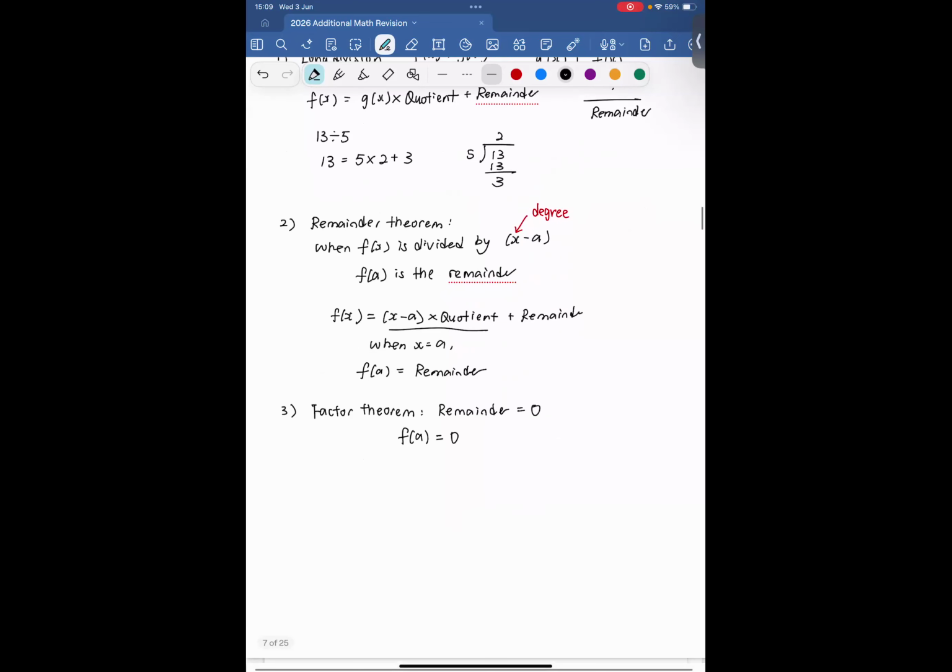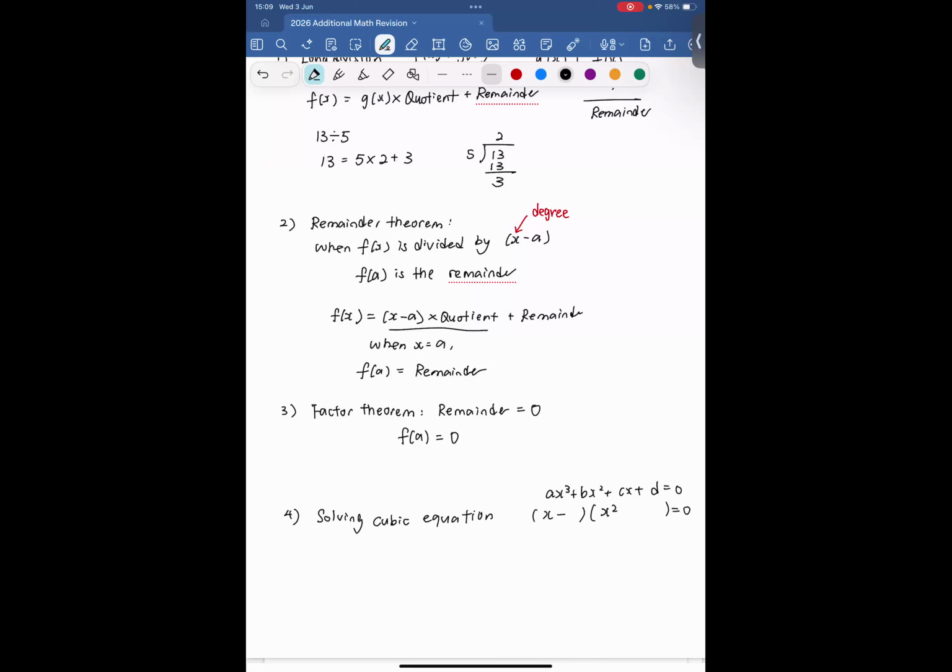Okay, and then number 4 that you're going to learn is solving cubic equation. How do you solve a cubic equation? So you can have an equation that looks like this. What you are actually doing is you're going to break it into x minus something, then this one is x squared minus something equals 0.